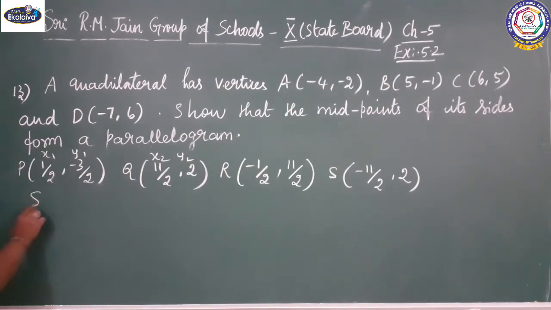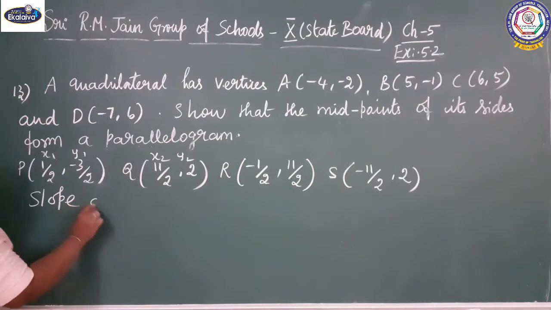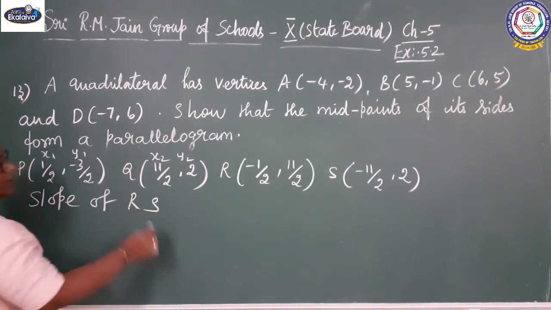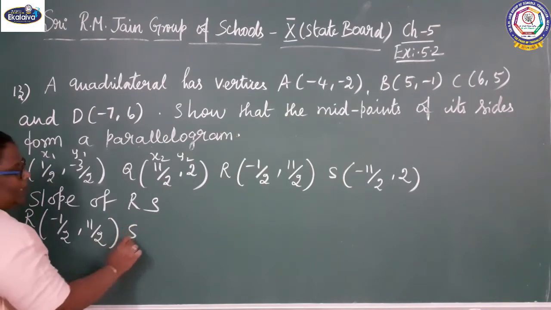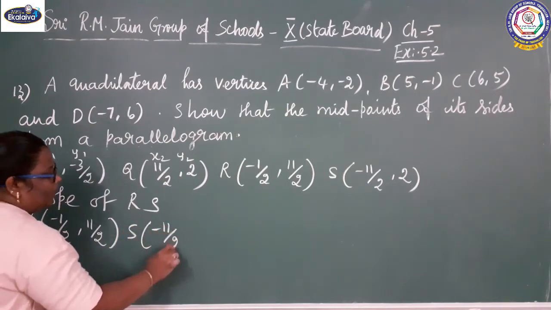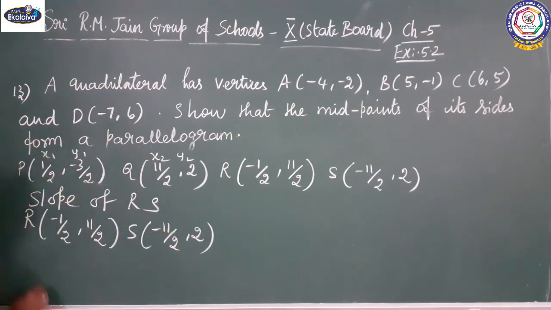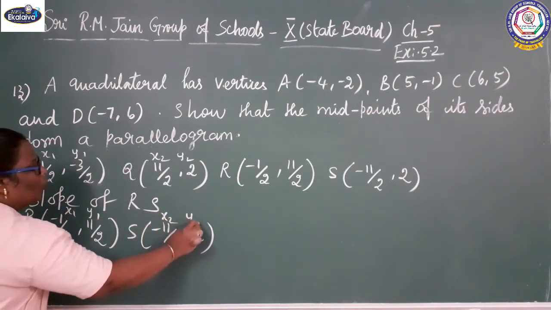See, slope of RS. Slope of RS equal to, what is the value of R? R is minus 1 by 2 comma 11 by 2. S is minus 11 by 2 comma 2. So the same thing, x1 y1 x2 y2.